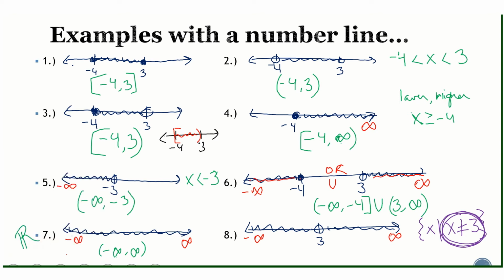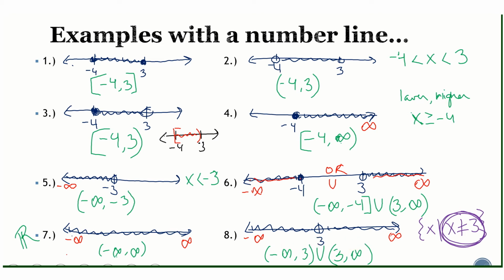So it would look like this: negative infinity up to the 3, and then the other interval is 3 to infinity. Infinity always has a parenthesis. The 3 is not included, so you use a parenthesis there too. I much prefer this, because I think this is way easier than this.